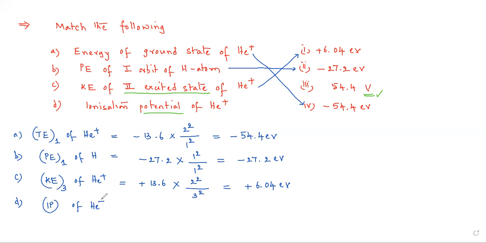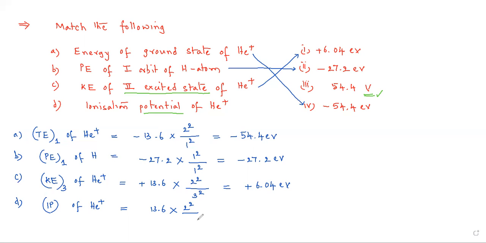See, ionization energy is the same as total energy, but with positive sign. Here it will be 13.6, of course plus because it is the energy that has to be given, into z square by n square.